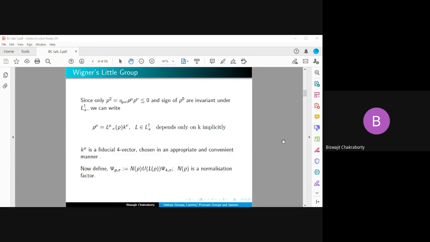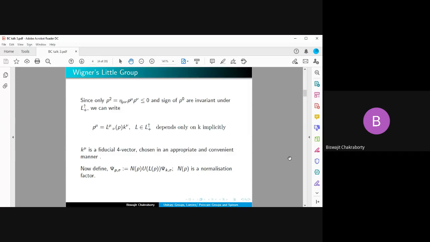And by definition, I am taking it to be σ again. I am not considering here a linear combination of σs. By definition, whatever state you get, I label it by σ, the original spin index that you started with, which occurs along with k in ψ_{k,σ}. And N_p is some normalization constant that I'll talk about later. Okay, so this is the thing you expect.